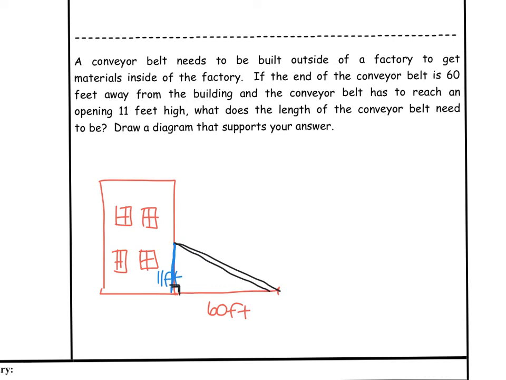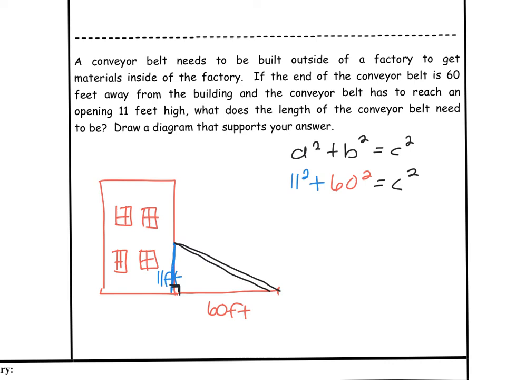So to do that, we can still use our Pythagorean theorem because we have a right triangle drawn. So plugging in our values, I'll make A 11, and I'll make B 60, and we still don't know what the length of our conveyor belt is.